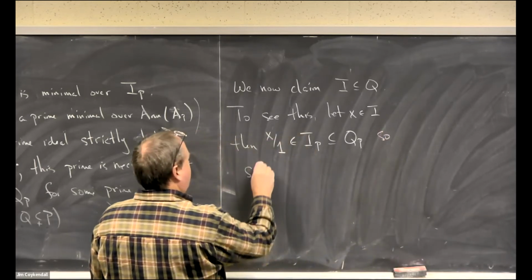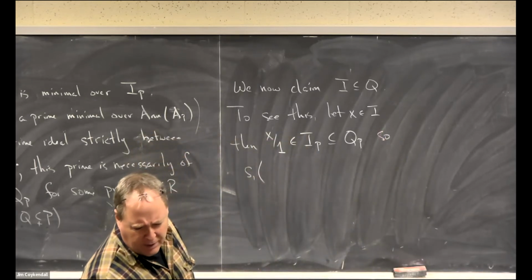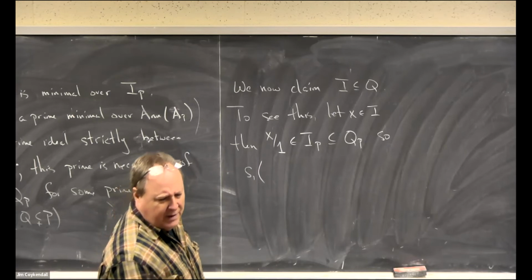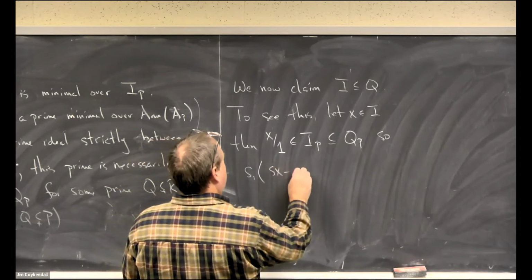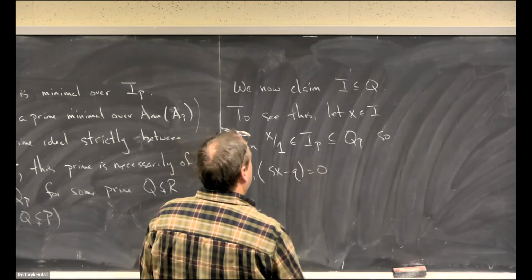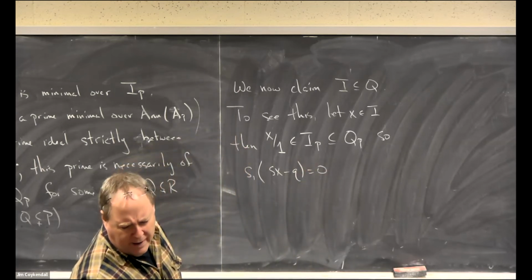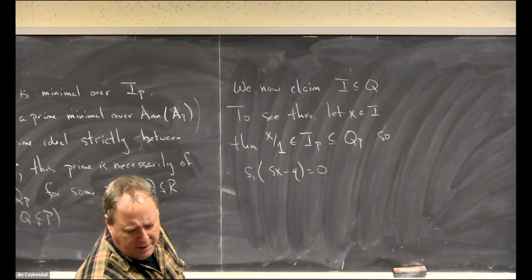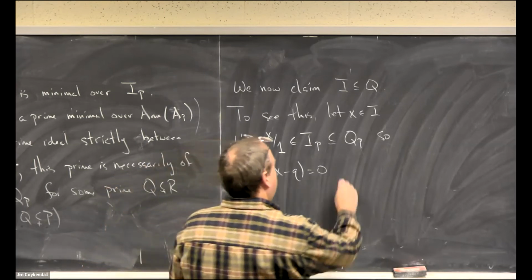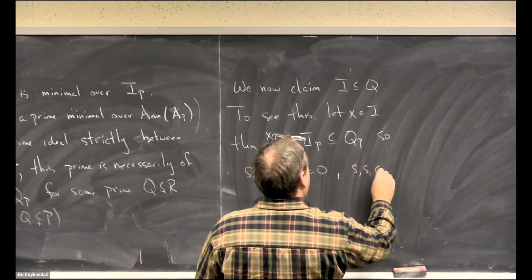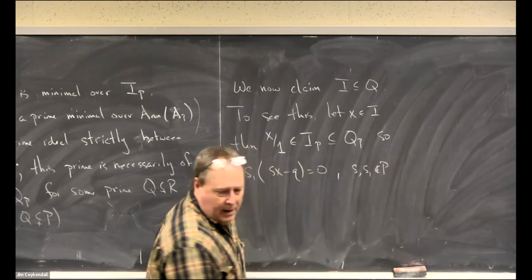There's an S1 times (SX minus Q) equals 0, where the S's are in S, that is, not in P, and Q is in Q.